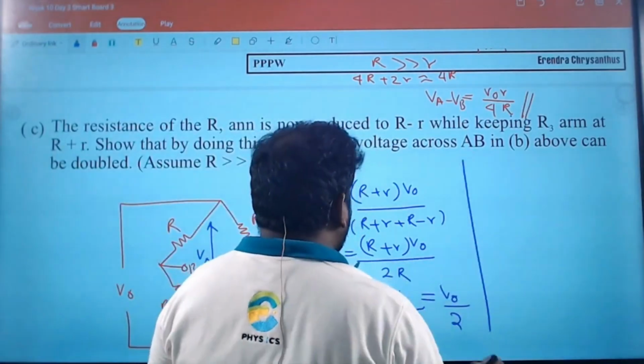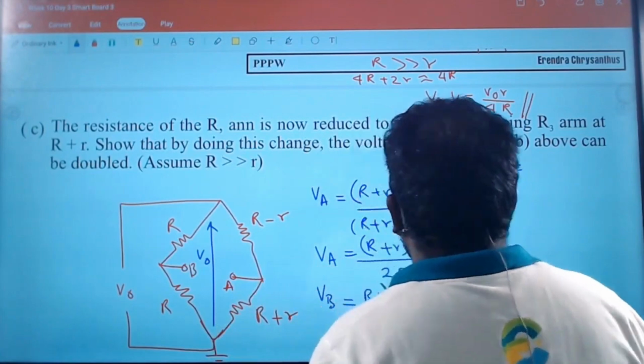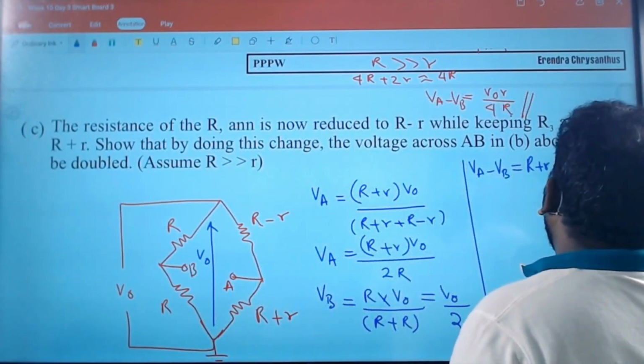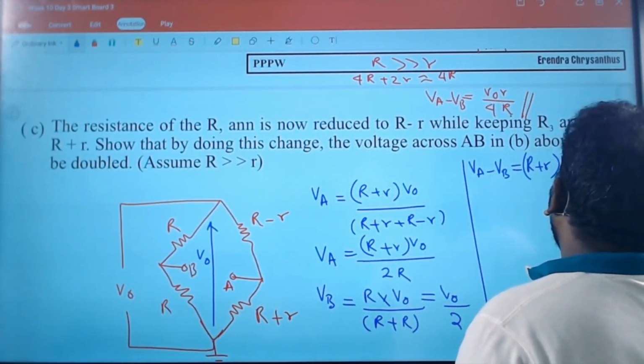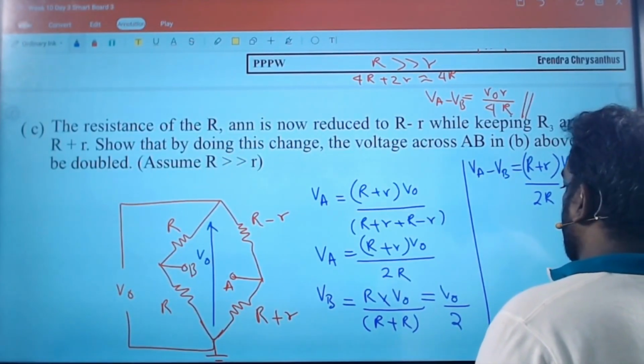Find the potential difference, VA minus VB. R plus ΔR, V naught over 2R, minus V naught over 2.